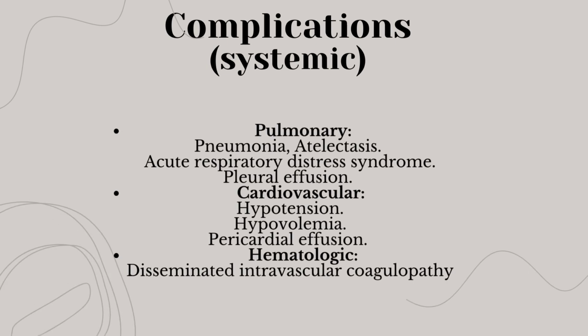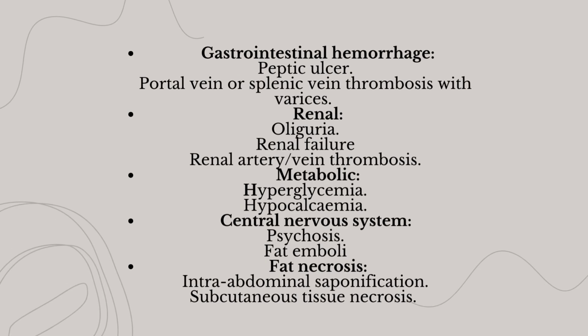Pulmonary complications are pneumonia, atelectasis, acute respiratory distress syndrome and pleural effusion. Cardiovascular complications are hypotension, hypovolemia, and pericardial effusion. Hematologic complications include disseminated intravascular coagulopathy. Gastrointestinal complications are peptic ulcer, portal vein or splenic vein thrombosis with varices.